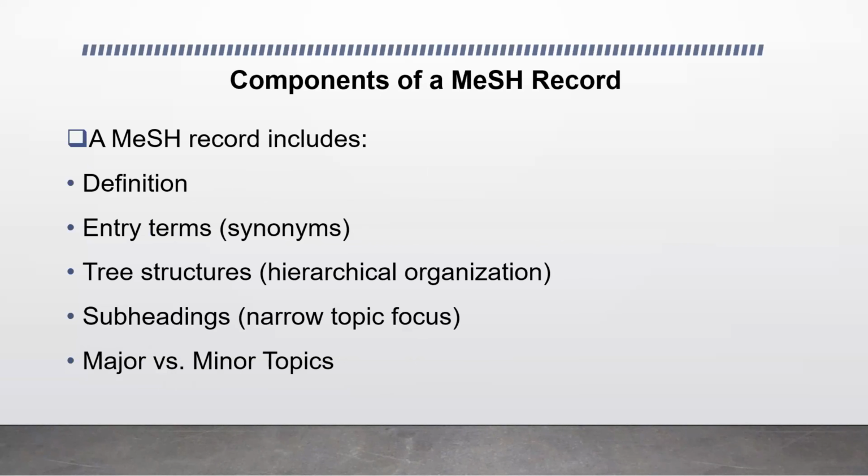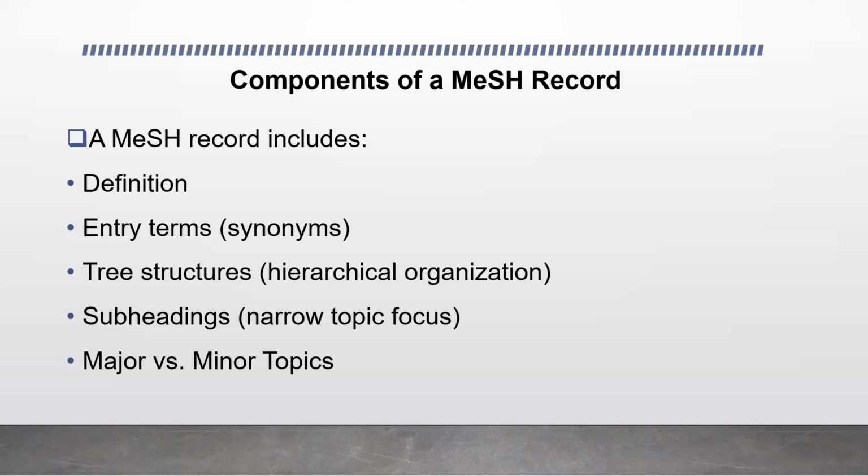Now let's look at the components of a MeSH record. Like when you search a term and you want to find the MeSH term for a certain concept or a certain word, what will the MeSH record look like, or what are the things that will be contained in a MeSH record? So you will see a definition.